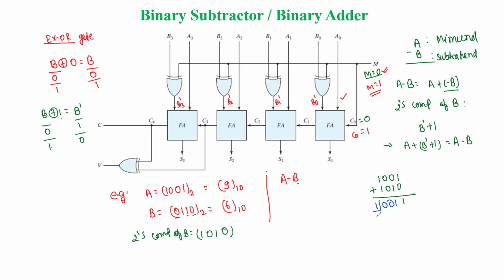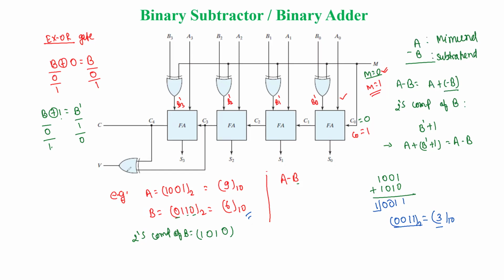So when a carry occurs, that carry we are going to discard and finally the obtained number is 0011. So this is the binary number, the decimal equivalent is 3. So finally it is the value of A minus B, that is 9 minus 6, that is equal to 3, you can see.